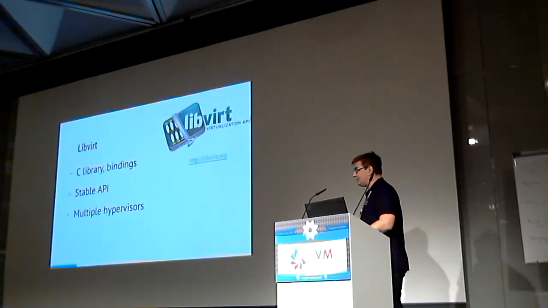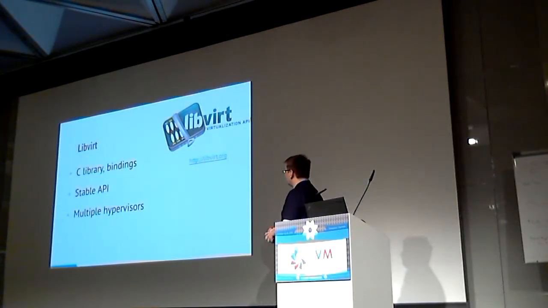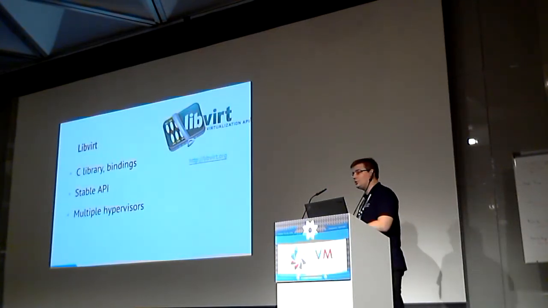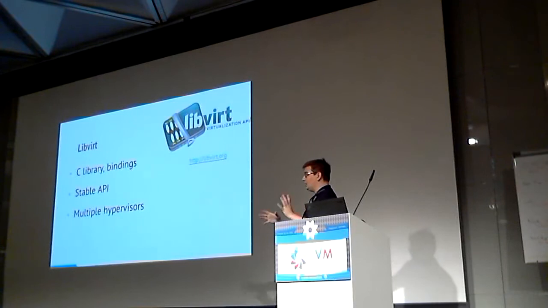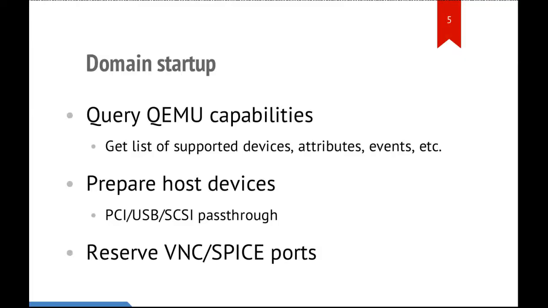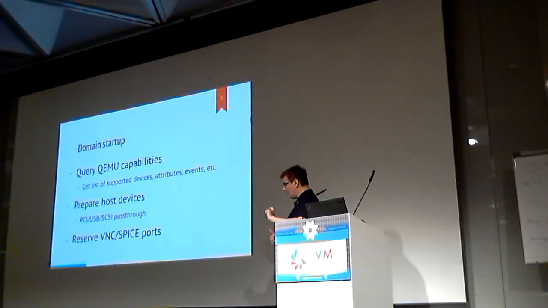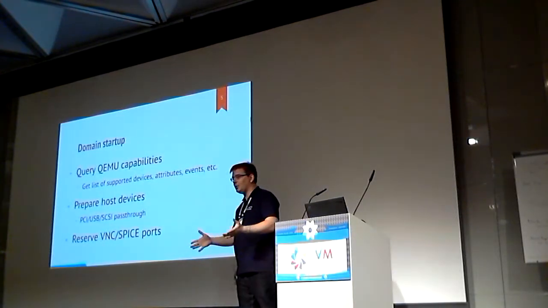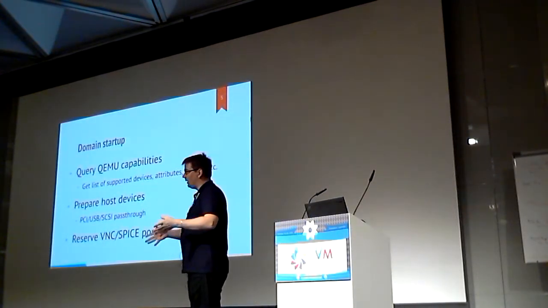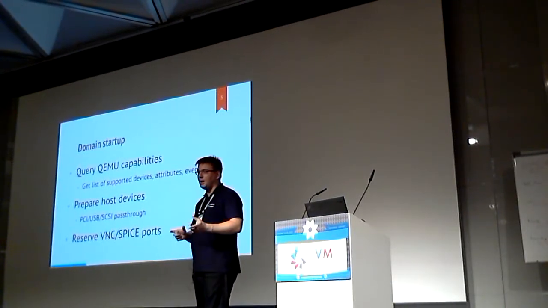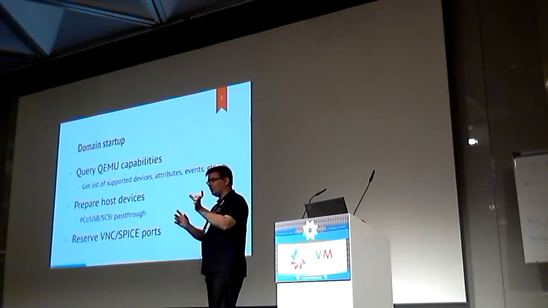I think the best way to show you what libvirt does is to walk you through the process of starting a virtual machine, where all the interesting work takes place. So even before we query QEMU capabilities, libvirt will generate all the missing paths for you and prepare all the files that you need. For instance, if you are adding UEFI to your domain, it usually comes in two separate files.